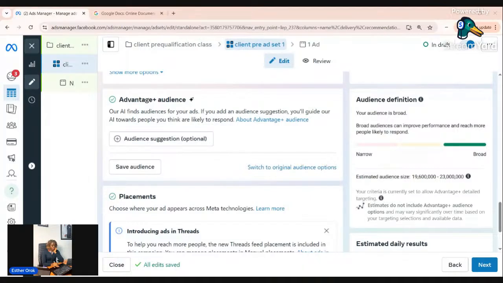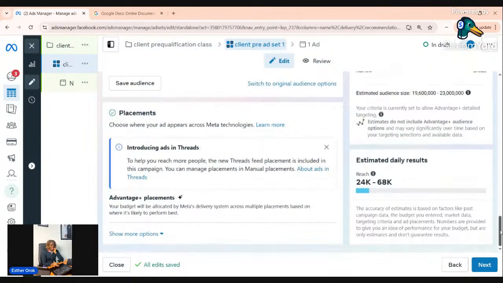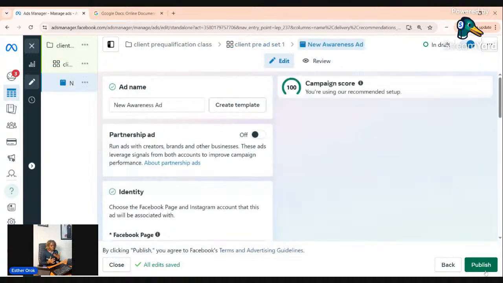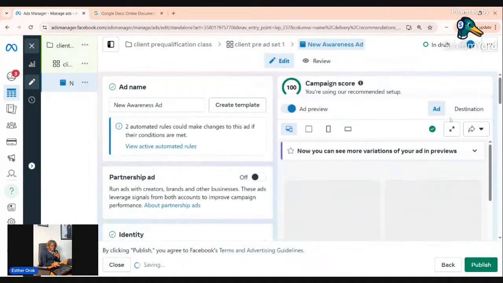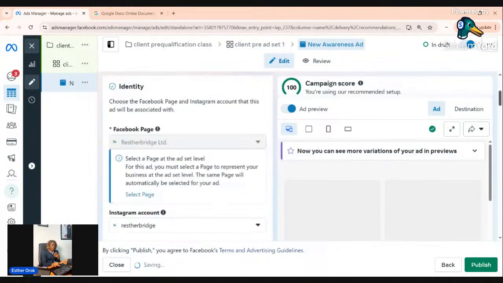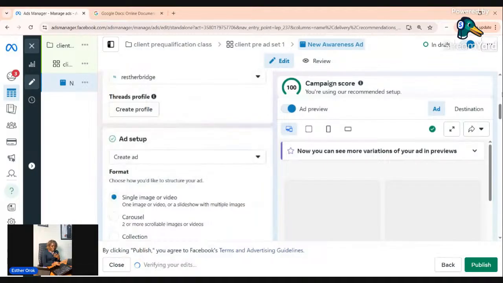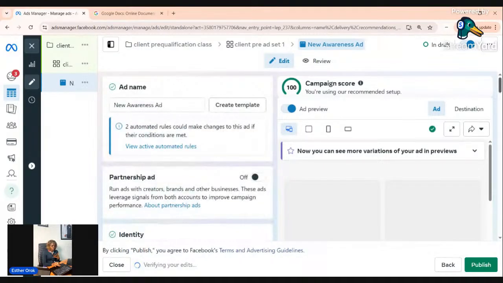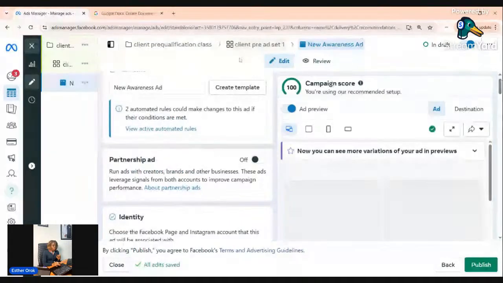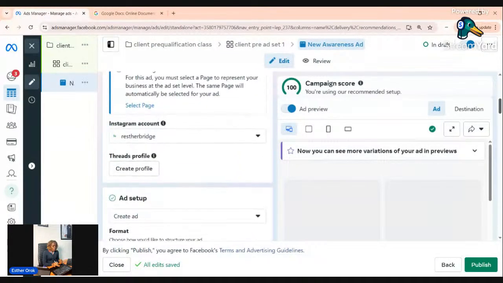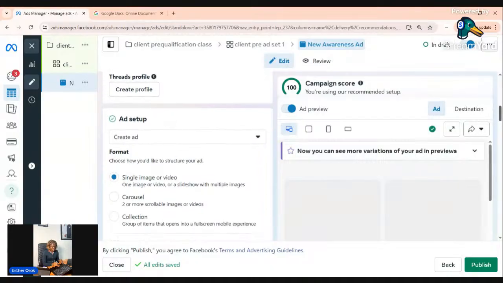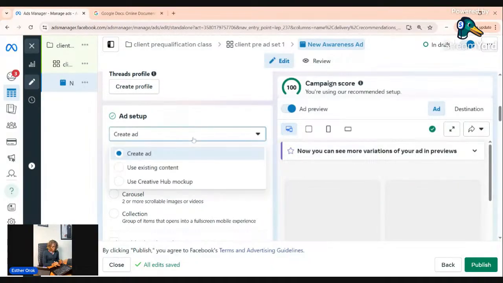Right, so we now move on to continuing setting up this ad. And I said that we'll not really do any serious stuff. We're just going to try to see how this ad is going to look. Now, when you get to this page, this is the most important thing that I now want to show you guys. So here you still name your ad, and then when you come down here to your ad setup, there are three options.